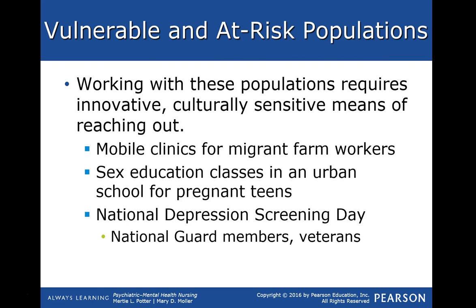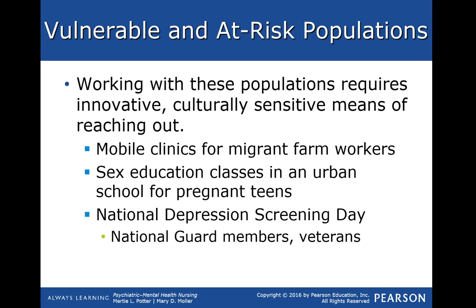Vulnerable and at-risk populations. Let's talk about that just for a second. Working with these populations requires innovative, culturally sensitive means for reaching out. So these are populations that are vulnerable and are at risk. These are some of the things that we can do. Migrant farm workers. Most of our migrant farm workers, in this area, we don't see that, but if you branch out from Eastern Kentucky, you will see migrant farm workers.